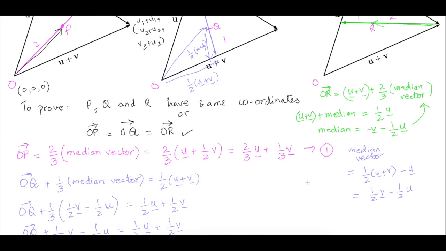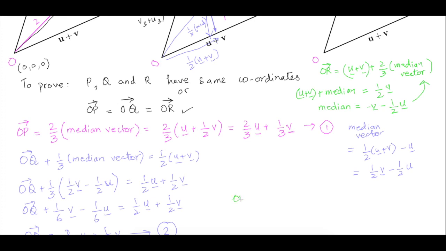OR is equal to U plus V plus 2/3 of negative V minus half U, which is equal to, now just plug and play. We have 1 U here, and then 2/3 times half is 1/3, so negative 1/3, so I have 2/3 of U, and then 1 V here, minus 2/3 of V, so plus 1/3 of V. So this is my equation 3.